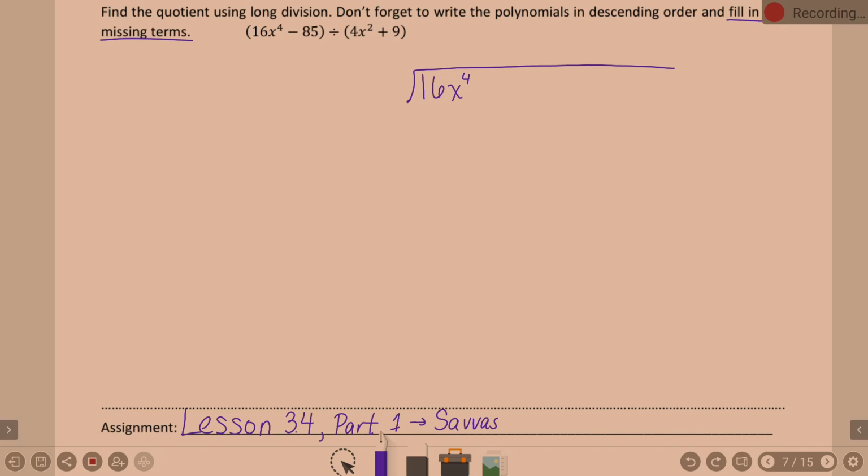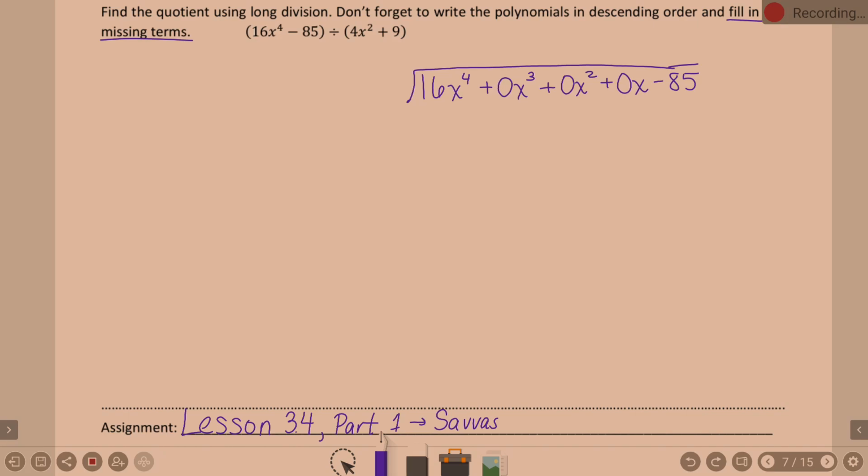What should come after x to the fourth term? X to the third. I don't have one, so I'm going to say 0x to the third. What comes after x to the third term? 0x to the second. What comes after x to the second? 0x to the first. What comes after x to the first? A constant, a number, which in this case is minus 85.